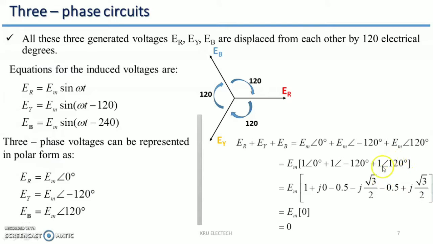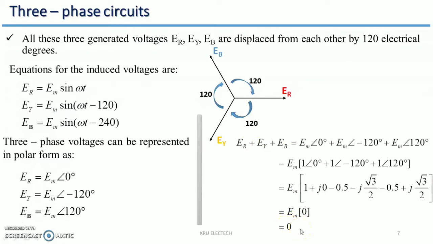Totalizing all these three, you will get 0. So the three-phase voltage addition resultant voltage is 0.